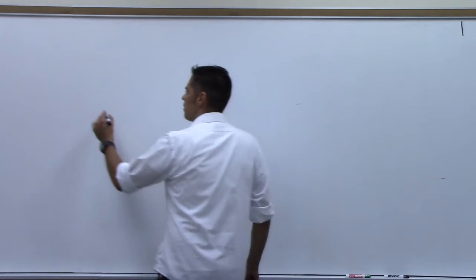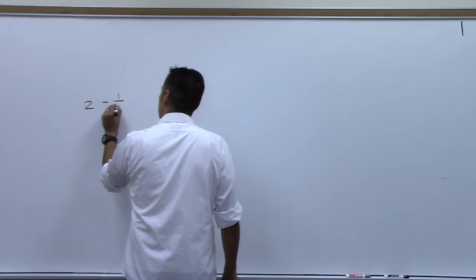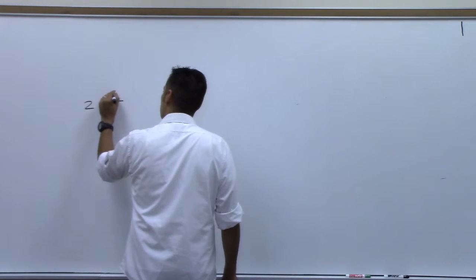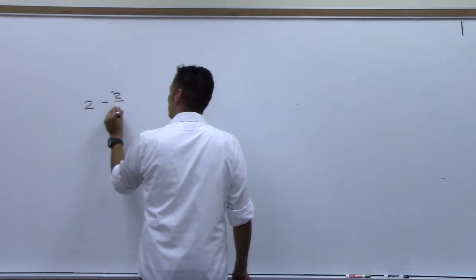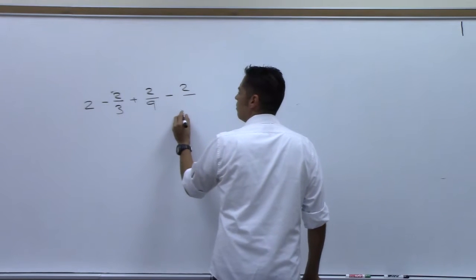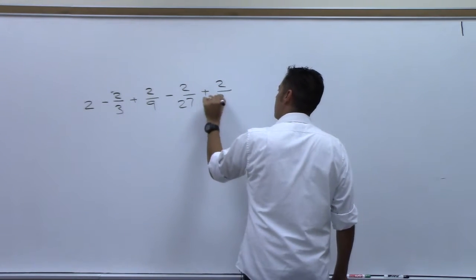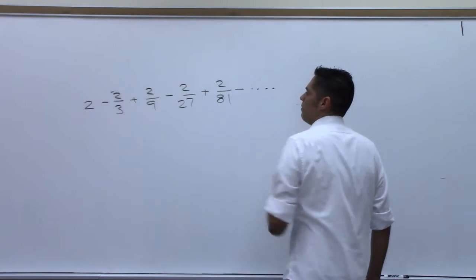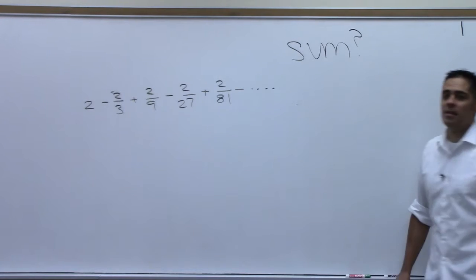So if I do something like, I don't know, 2 minus a third, I'll make it 4/3. No, don't make it 4/3. Make it 2/3 plus 2/9 minus 2/27 plus 2/81. If I ask you to add that up and I say find the sum, that means it adds up to be something.